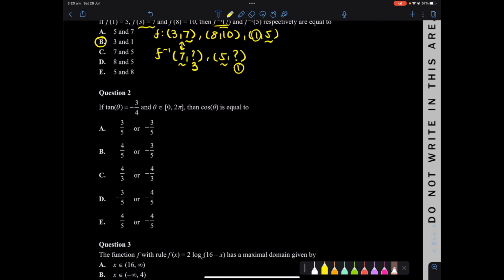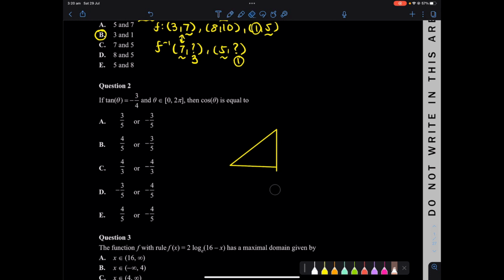Question 2: if tan theta is equal to -3/4 and theta is in this domain, then cos of theta is? Okay, to do this, I want to draw a right angle triangle. Let's say this is theta over here.